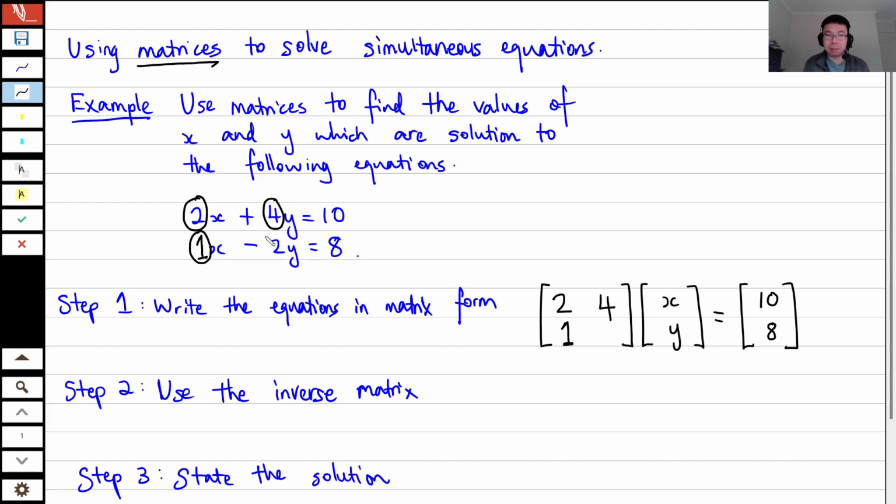And finally, the coefficient of y is negative 2. I need to capture the fact that I am subtracting rather than adding y. So here I'm going to use negative 2. So that's our first step: set up the matrix form or the matrix equation for the simultaneous equations.